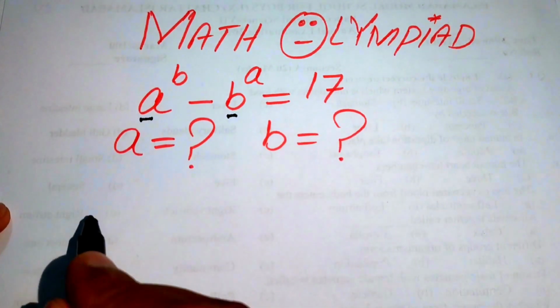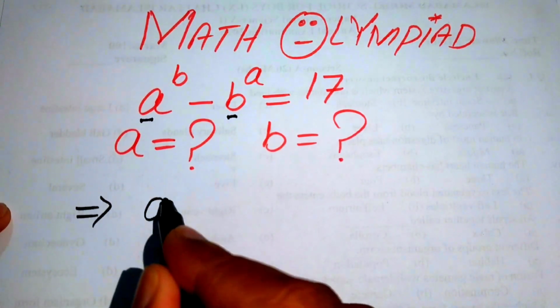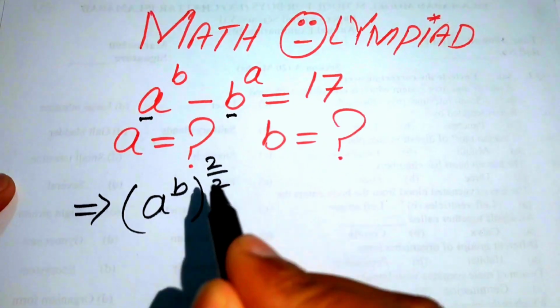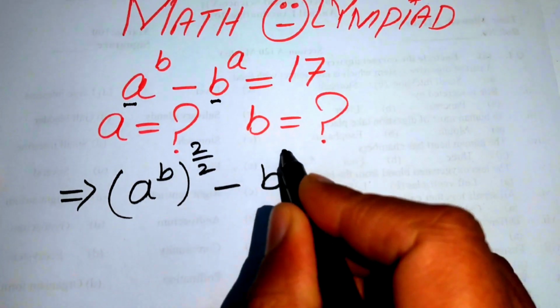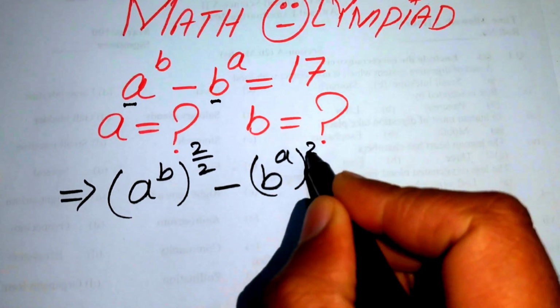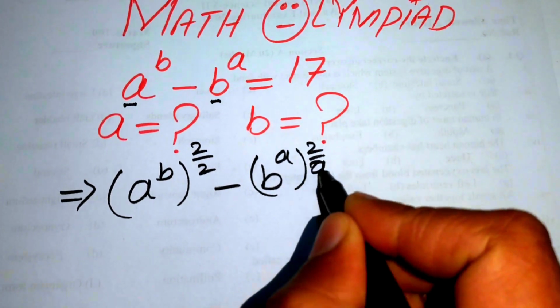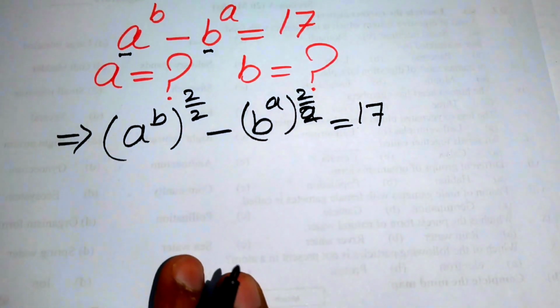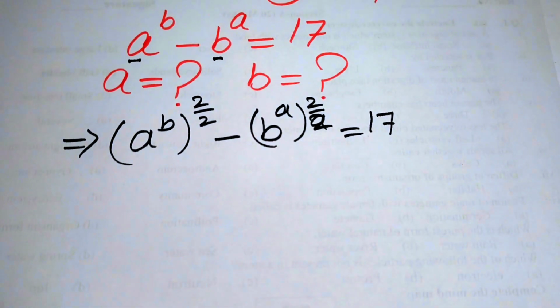And we write it as a to the power of b and its whole power 2 over 2, minus b to the power of a and its whole power 2 over 2, equals 17. Now in the next step we use the nice exponential law.